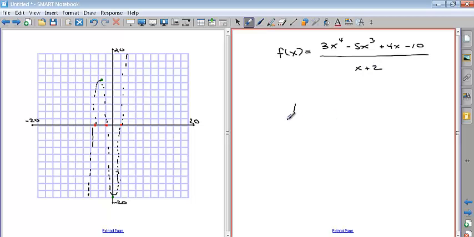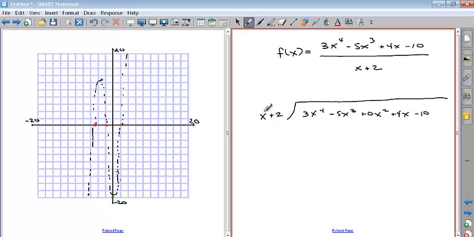Okay, so you set this up, and I've specifically left out one of the elements. You've got to remember to do an inventory. You see I've got x to the 4th, x cubed, x squared. I don't have any x squared, so I need to put 0 in there. So when I fill this out, I'm going to have 3x to the 4th minus 5x cubed plus 0x squared plus 4x minus 10. I'm dividing by x plus 2.